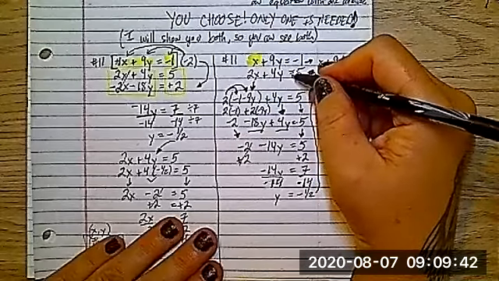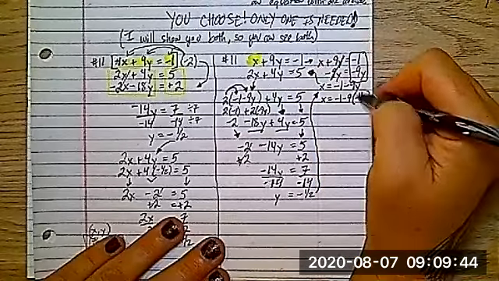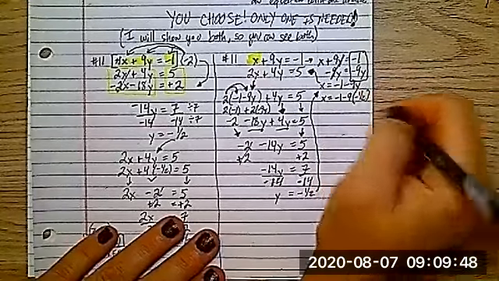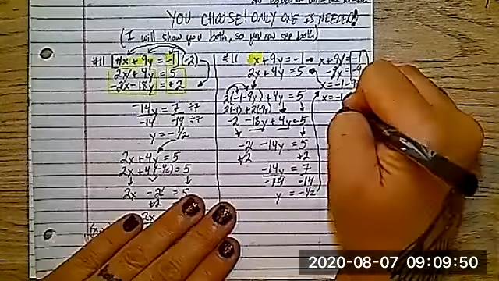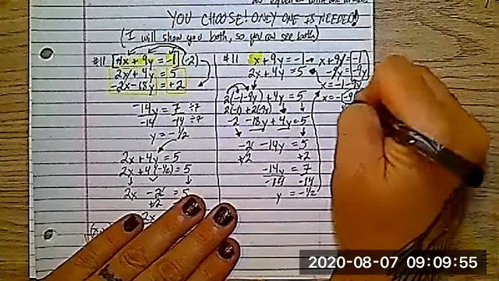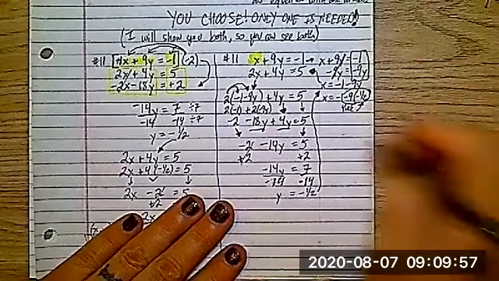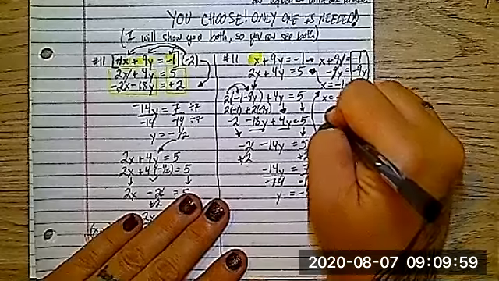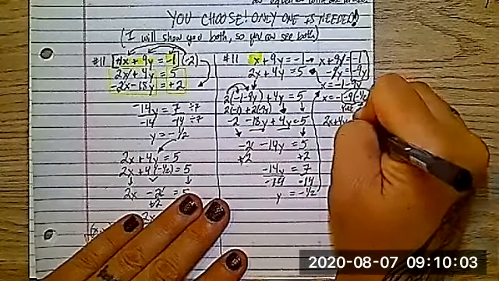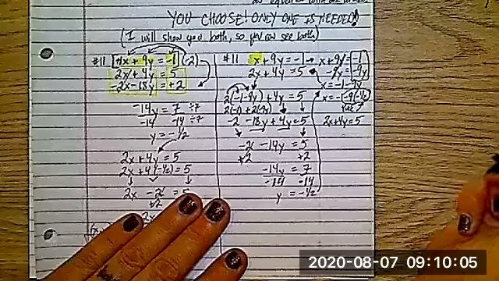Yes, you could. But my rule of thumb was to always use this one because it's already solved. So if you're looking at this and you're going, man, that is yuck, I don't want to deal with that mess right there, go ahead and copy down the other one, okay? 2x plus 4y equals 5. Let's go ahead and use that one, okay?